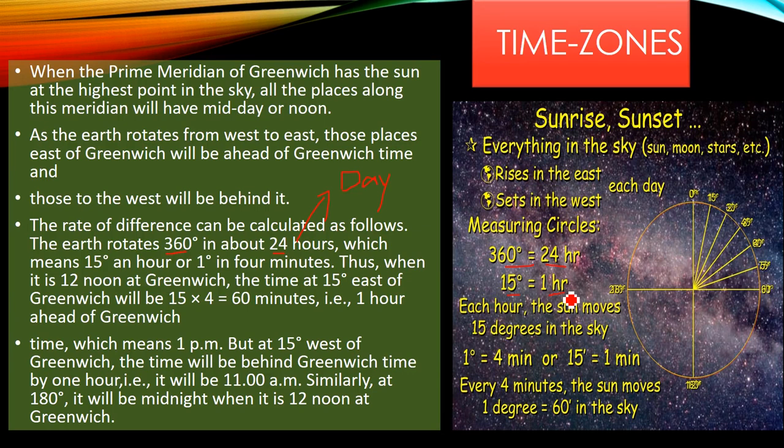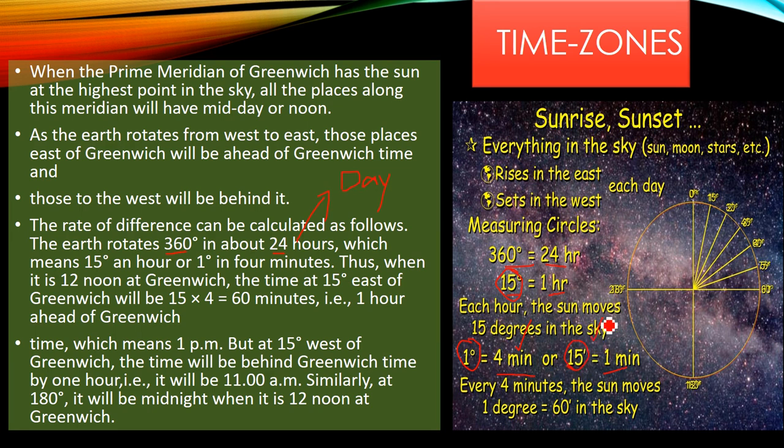So, in 1 hour, it rotates 15 degrees. Now, what about 1 degree? What is the time required? That is 4 minutes. Right? In 4 minutes, it rotates 1 degree, or in 1 minute, it rotates 15 minutes of arc.